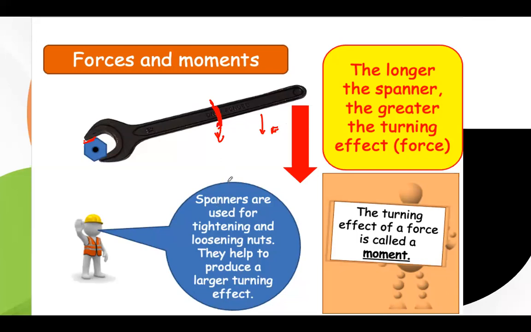Spanners are used for tightening and loosening screws. They help to produce a larger turning effect. These are very important tools because we can't turn it ourselves. We can't use our fingers to turn this. It will be very, very difficult, right? So we use spanners and it helps a lot.